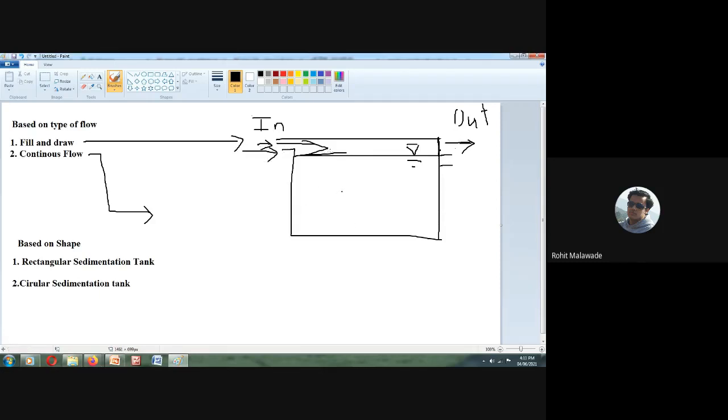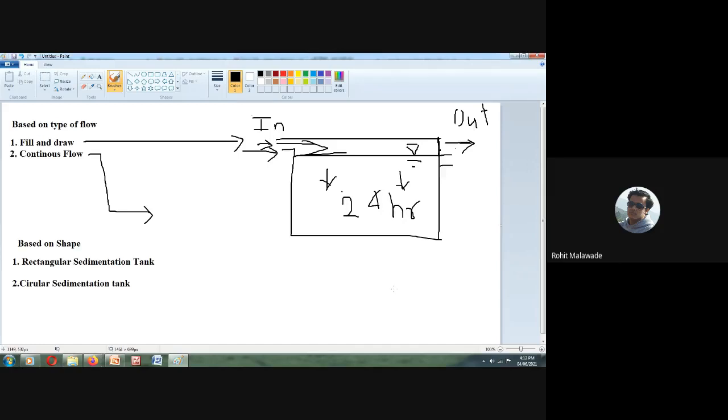Once the tank is filled, we allow the water to stand in the tank for about 24 hours.